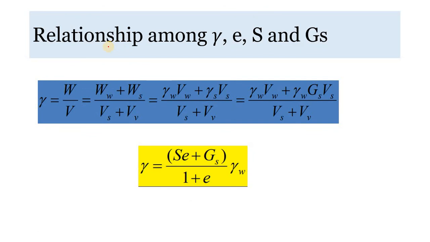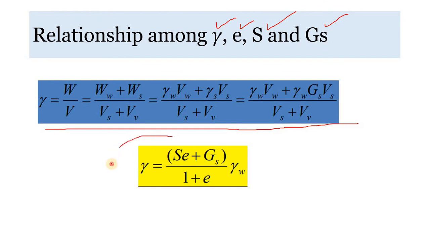Next, we have to know the relationship between unit weight, void ratio, saturation percentage and specific gravity. Whenever we solve this sum, we will get a relationship, that is unit weight equals (specific gravity of solids plus saturation into void ratio) into unit weight of water, divided by 1 plus e.